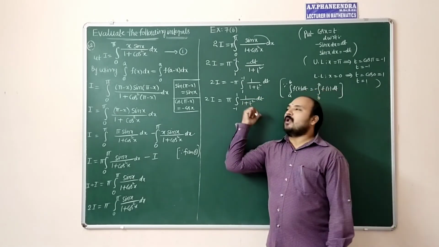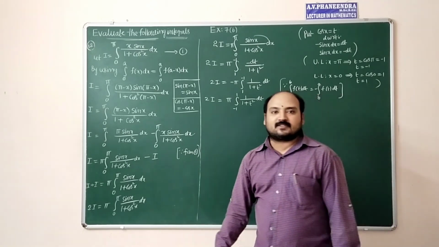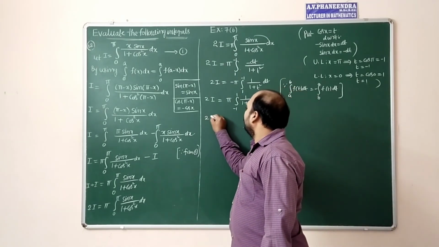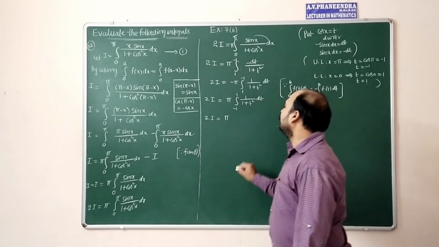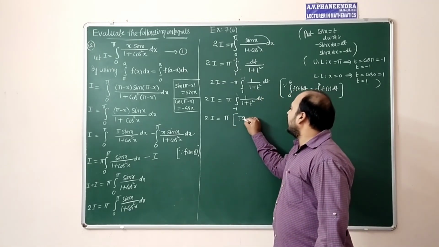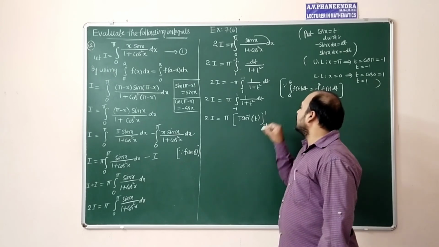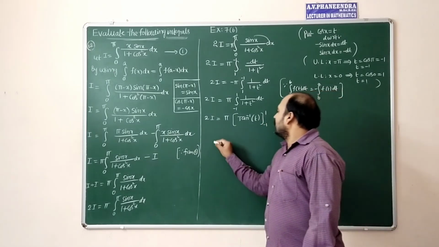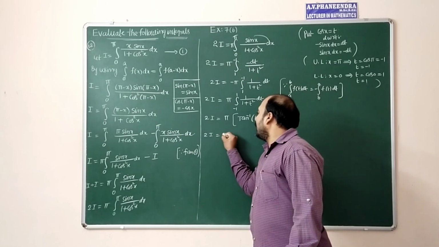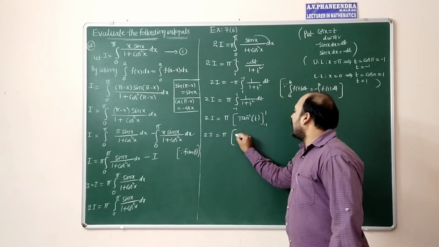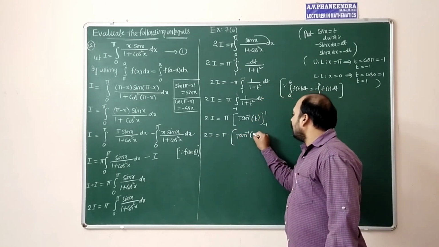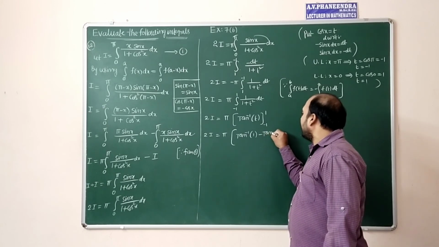We know that integral of 1 by 1 plus x square is tan inverse x. So 2I equal to pi into tan inverse of t, applying the limits minus 1 to 1. So 2I equal to pi into tan inverse of 1 minus tan inverse of minus 1.